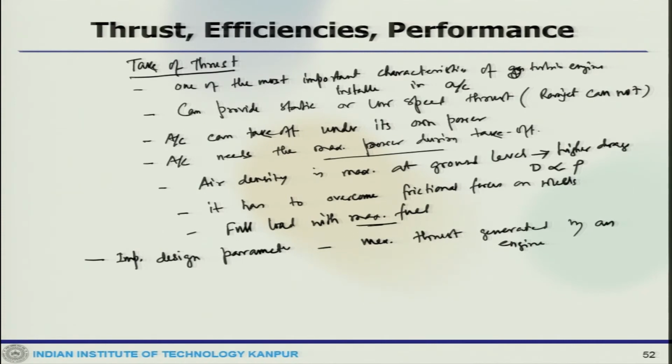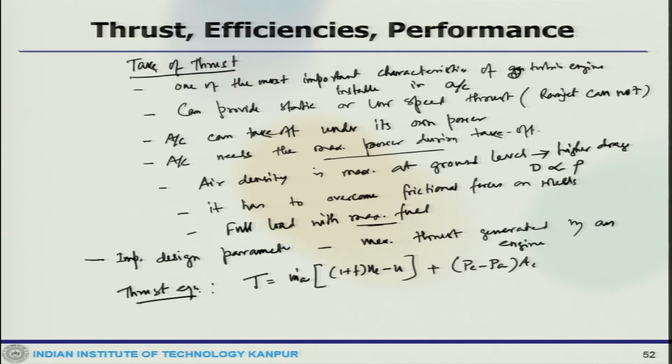Now, how that makes things different or how it affects, let us see. It is simple. We will start with, let us say, the thrust equation. So, that is T equals m dot A times (U_e minus U) plus (P_e minus P_a) A_e.